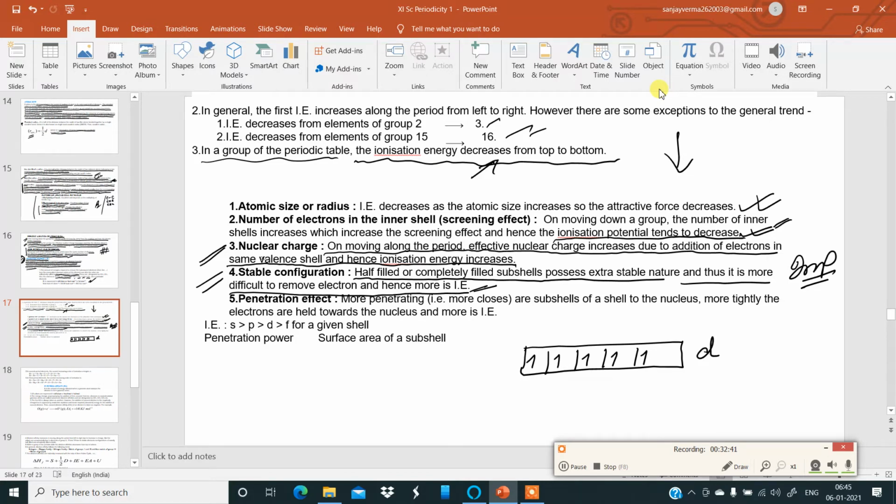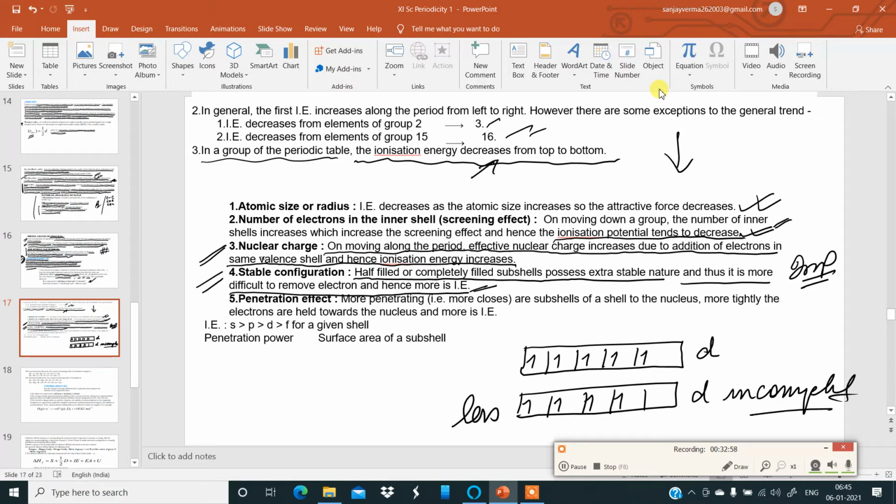If I have the same d orbital like this, with 1, 2, 3, 4 electrons, this is also a d orbital, but this is incompletely filled. So this will have lesser stability than the previous one. So keep in mind, half-filled or completely filled orbitals possess extra stability.